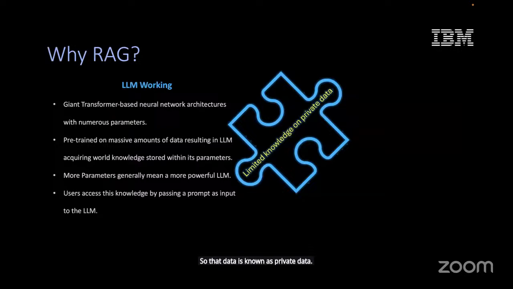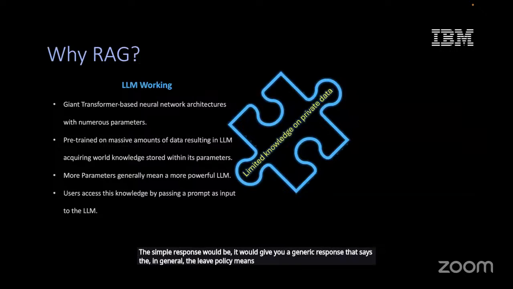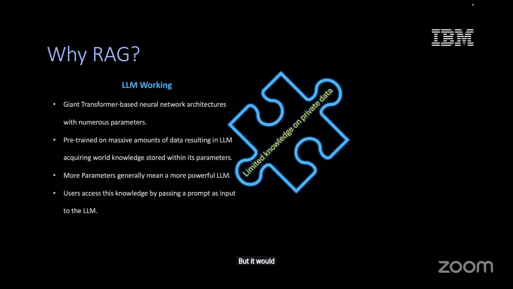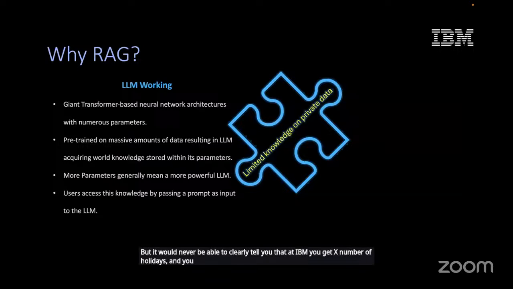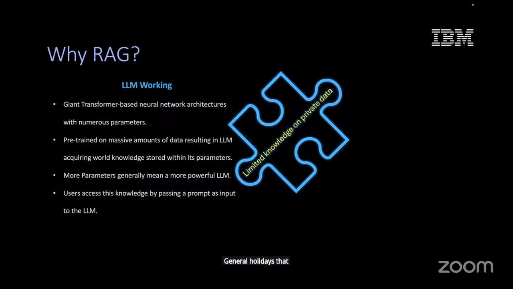Now if I go and type on ChatGPT, can you explain to me what is the leave policy at IBM? The simple response would be a generic response that says in general, the leave policy means XYZ thing. But it would never be able to clearly tell you that at IBM, you get X number of holidays, X number of general holidays that are available, and you can avail so many sick leaves in a year.